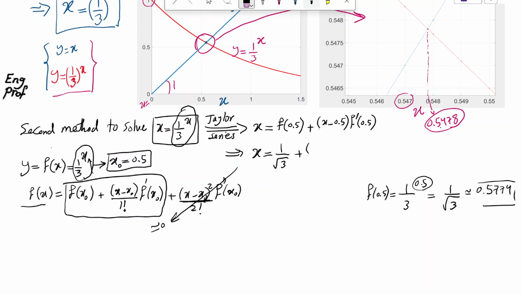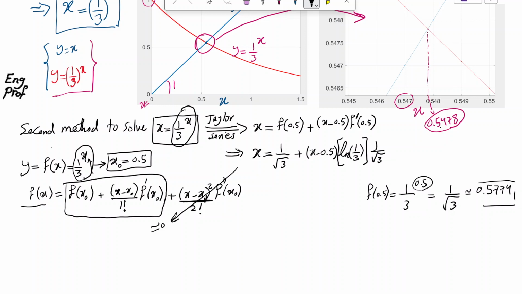It's not difficult to compute f prime for a function like this. If you do the quick calculation, it is as simple as ln, the natural logarithm, of 1 over 3, times 1 over 3 to the power x. So maybe I just clearly write it so that there is no confusion. 1 over 3 to the power x0, because we are doing 1 over 3 to the power 0.5, which effectively becomes 1 over root 3.